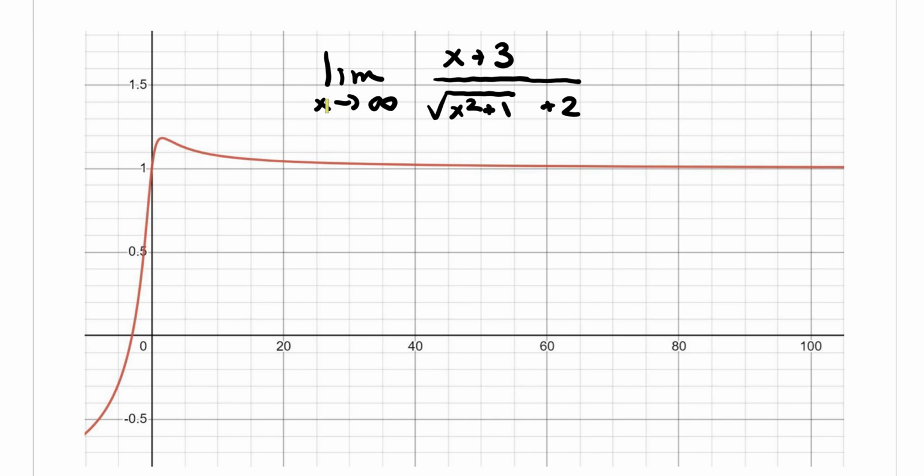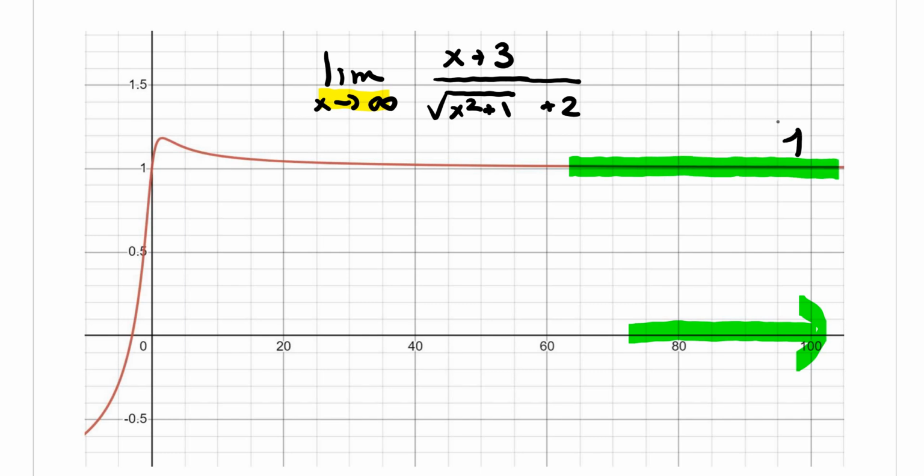So remember, when x is going to infinity, that just means what happens if I go forever to the right-hand side. So this is basically a horizontal asymptote, and this height that we level off at has a value of 1, which is what we found, right? So the horizontal asymptote for this particular problem is 1. Okay, so that's what our answer means in terms of a graphical answer here as well.